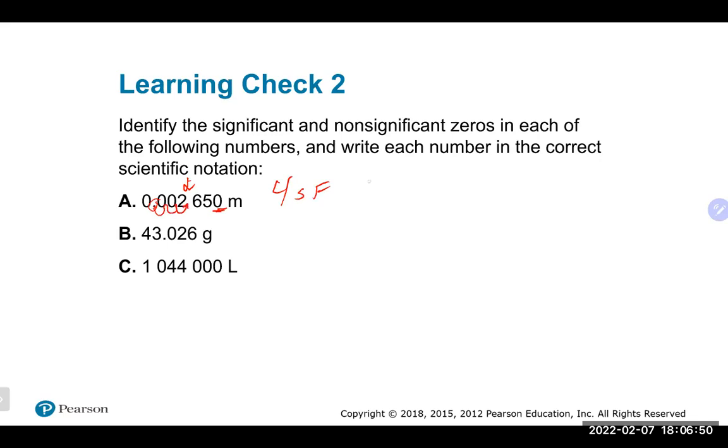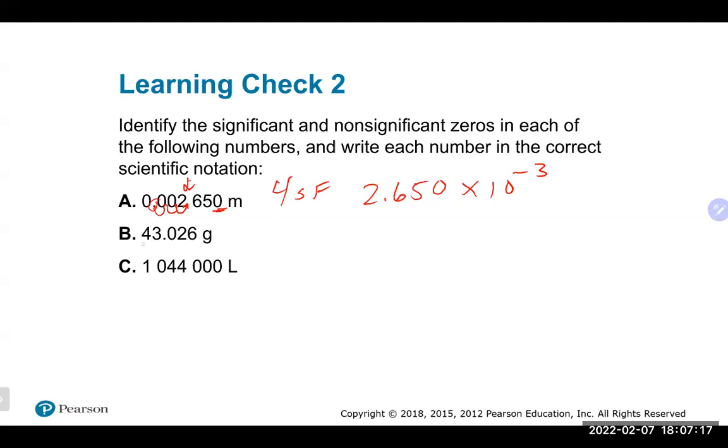Because it has 4 significant figures, we need to keep everybody there. And we're going to say 1, 2, 3, and it would be a -3 as it's a small number. Again, we do need to keep the 0 in this case. If we just wrote 2.65, that would be 3 significant figures. If we just wrote 2.6, it would be 2. So we do need the 2.650. Any questions on that one?